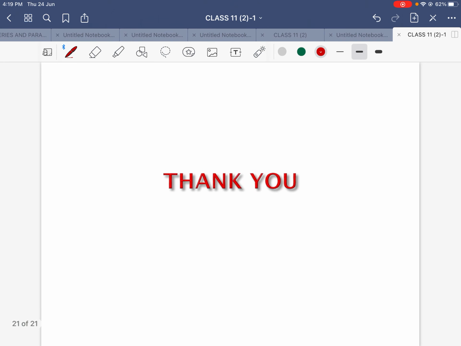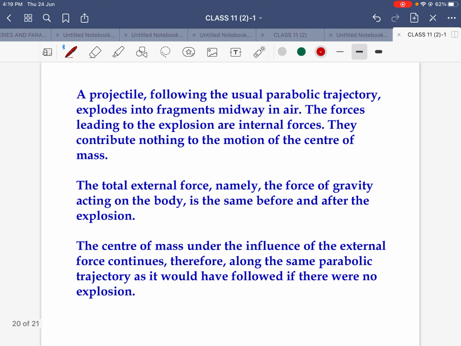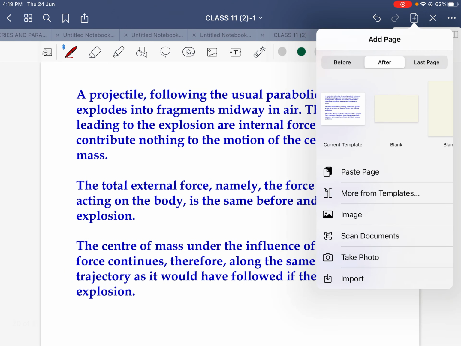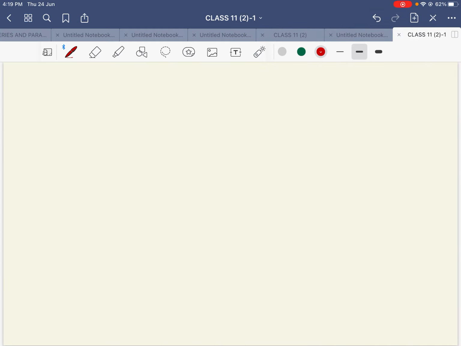The second example is that of binary stars. In a binary star system there are two stars which are rotating. Consider that the first is moving along this orbit and the second star is moving along this orbit.